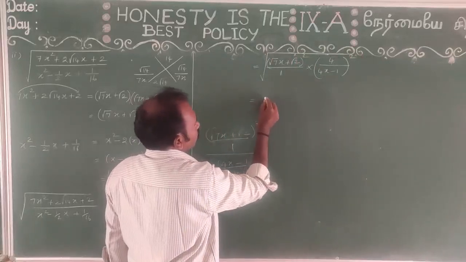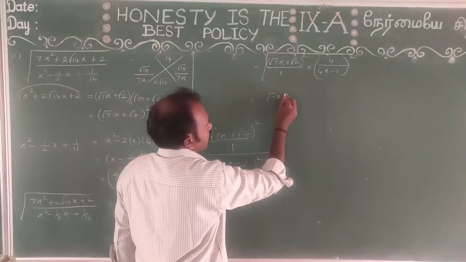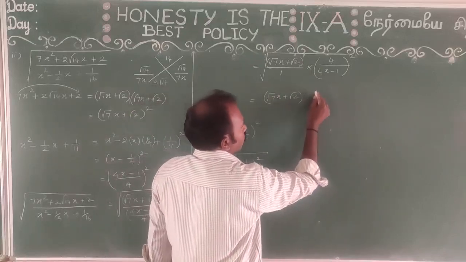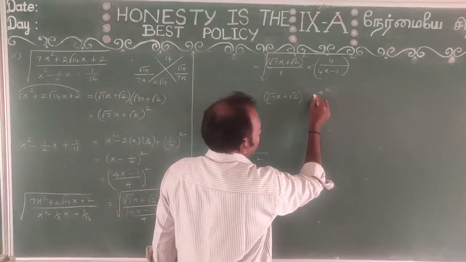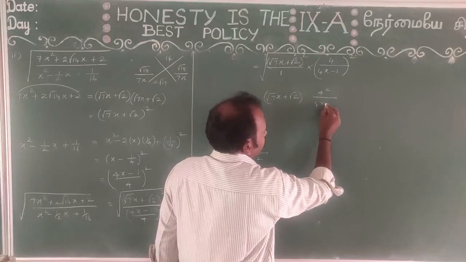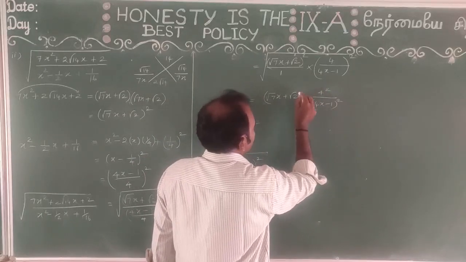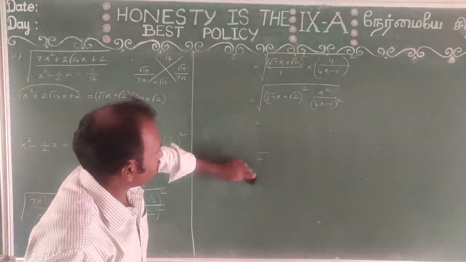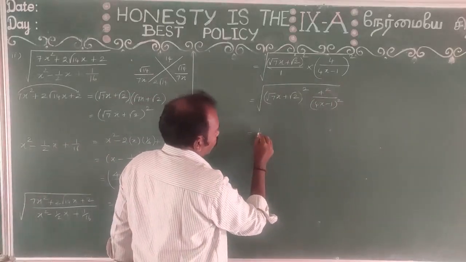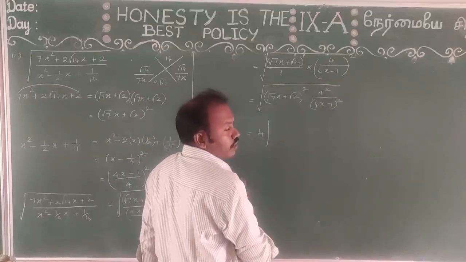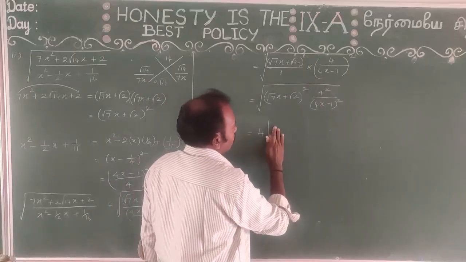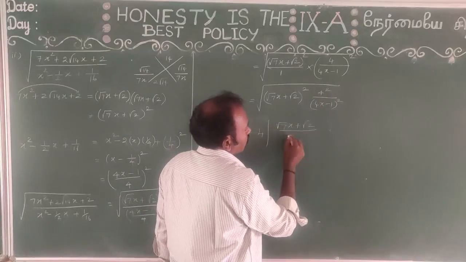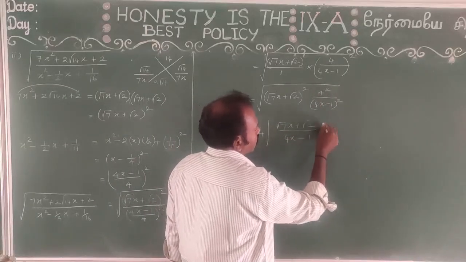That is equal to root 7x plus root 2 into 4 square divided by 4x minus 1 the whole square. So when we take the square root, we get modulus of 4, the square root of 4 square is 4, root 7x plus root 2 divided by 4x minus 1.